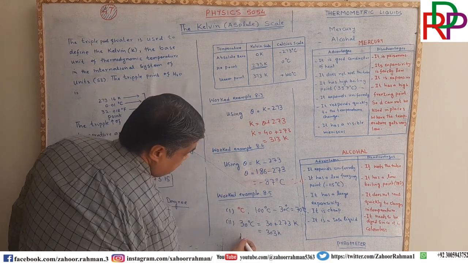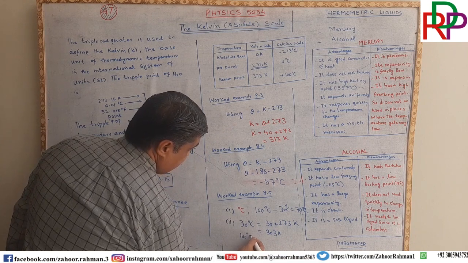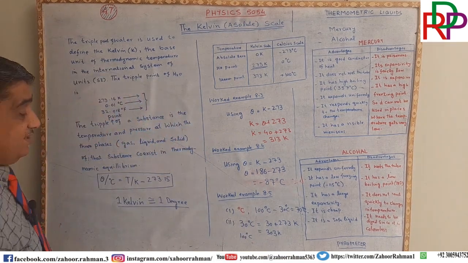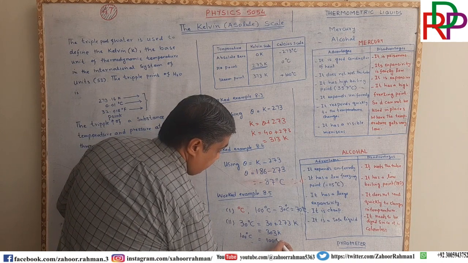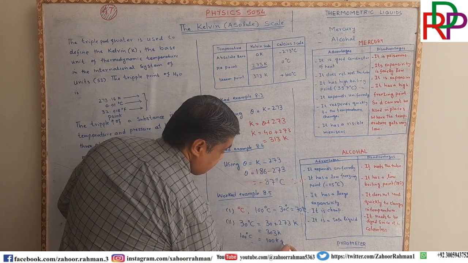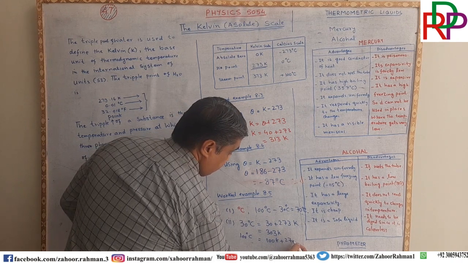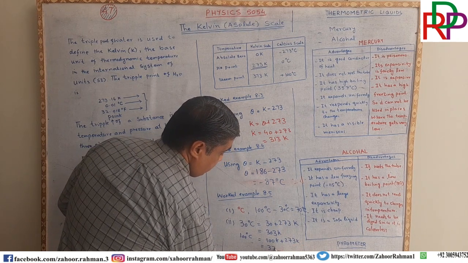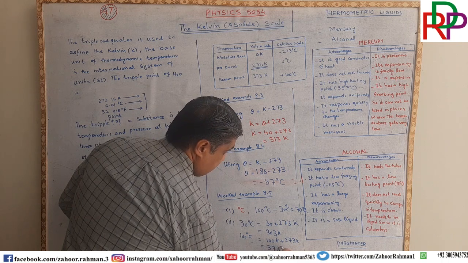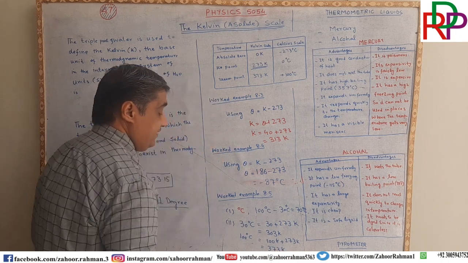And similarly, 100 degrees Celsius will be equal to 100 plus 273 Kelvin, and that will be equal to 373 Kelvin.